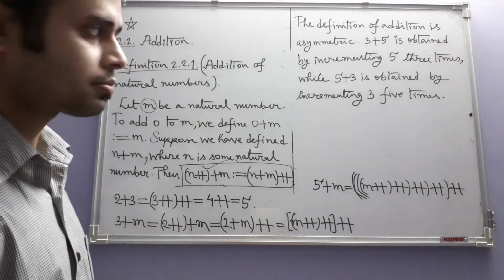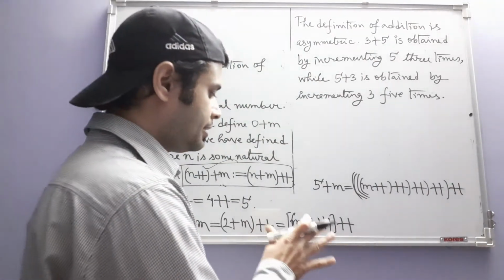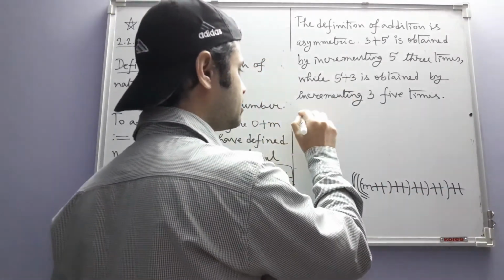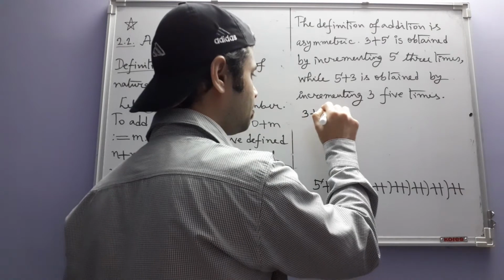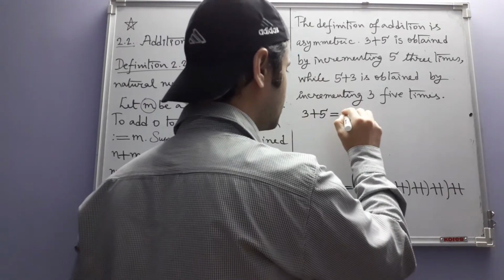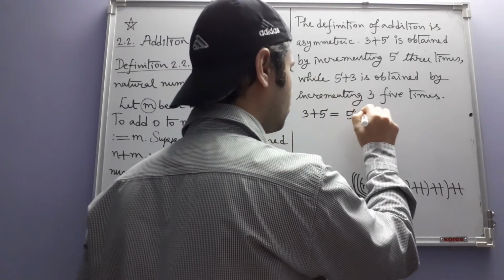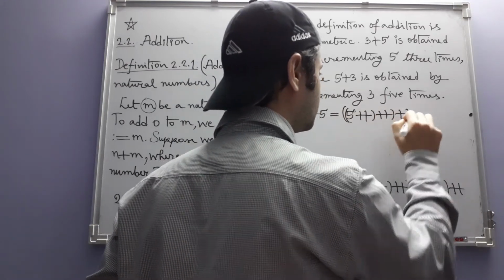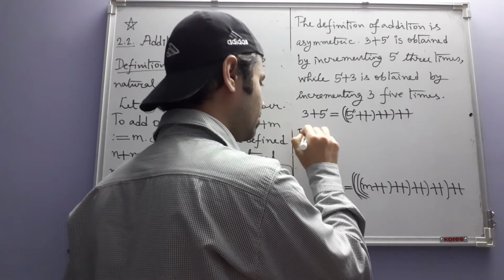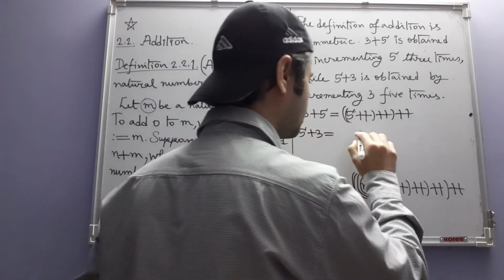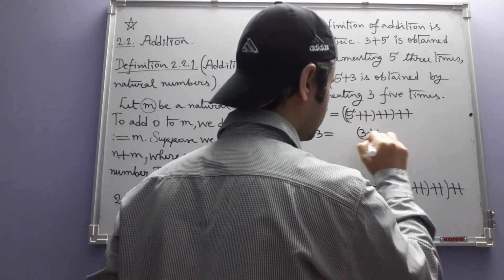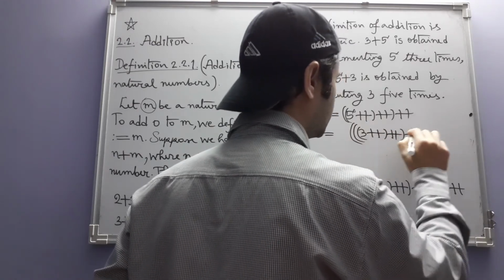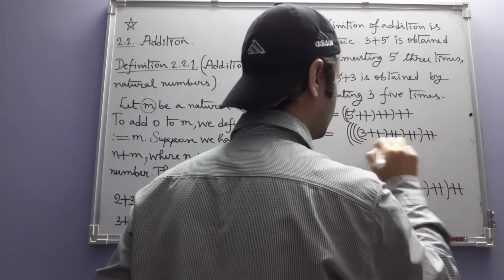Now, if I just simply use these expressions, 3 plus 5 is 5, 1, 2, 3. But 5 plus 3 is 3, 1, 2, 3, 4, 5.